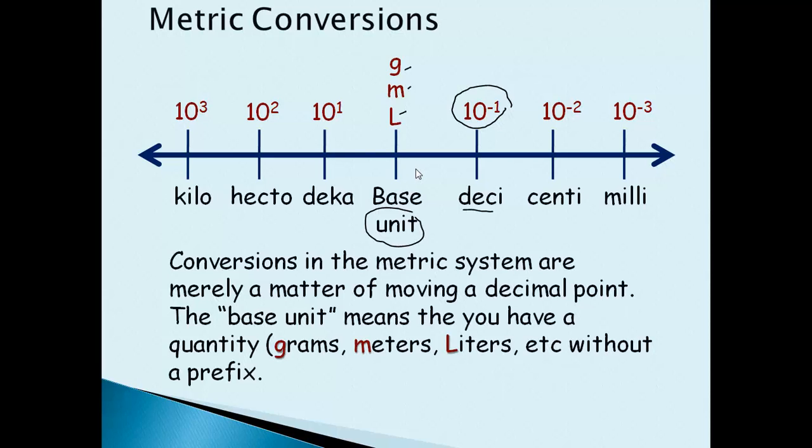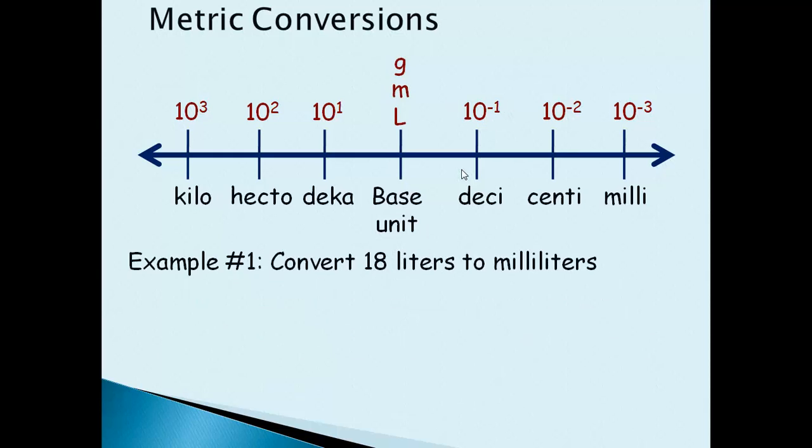Although you've probably learned that you can make metric conversions by moving the decimal point, we're going to learn to set up a conversion, and I'm going to have you always do your conversions according to this process. So, for example, if I want to convert 18 liters to milliliters, the first thing I need to know is, what is my conversion factor?